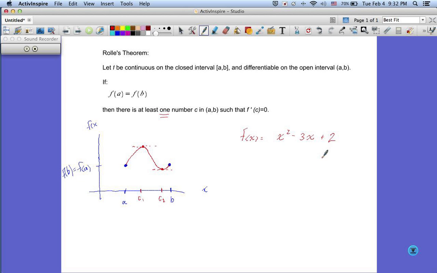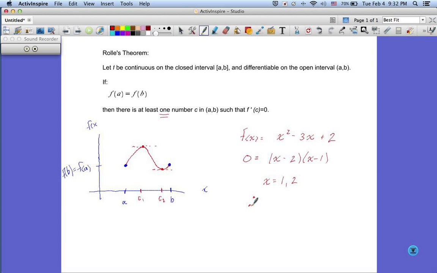Well, quadratics, you guys spent tons of time in algebra 1 and algebra 2 solving them for their zeros and their roots. We've even done some of that last year in trig, for those of you who remember, finding the zeros there. So let's look at this guy, and let's factor it: x minus 2, x minus 1. So when x equals 1 and x equals 2, we know that f of x is 0.